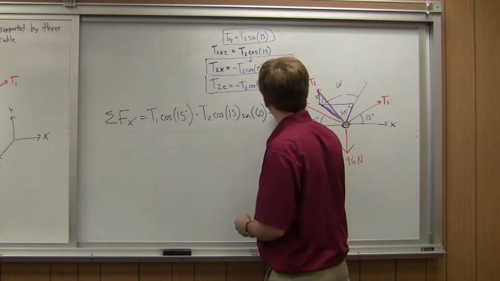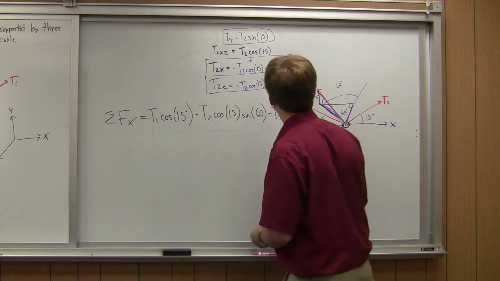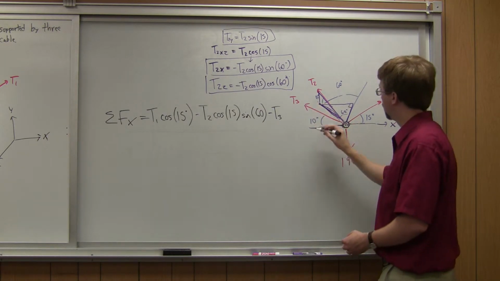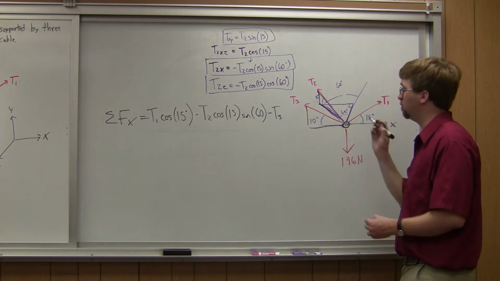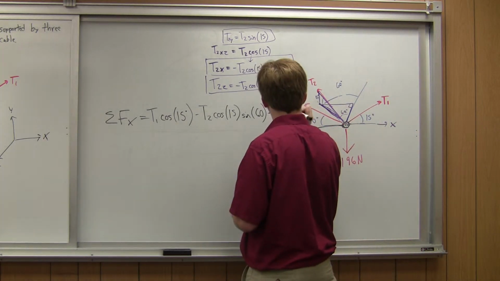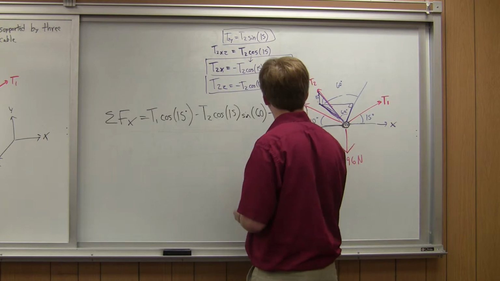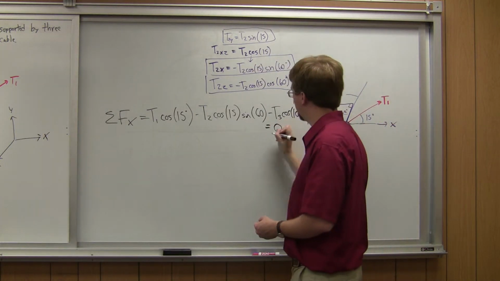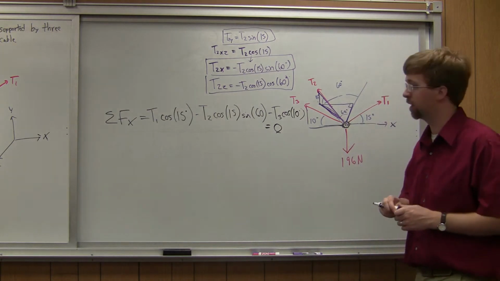So minus T3, and this is going to be the adjacent side on my triangle. So it's going to be cosine of 10 degrees. All right, and all of that is going to be equal to 0 because we're in equilibrium.